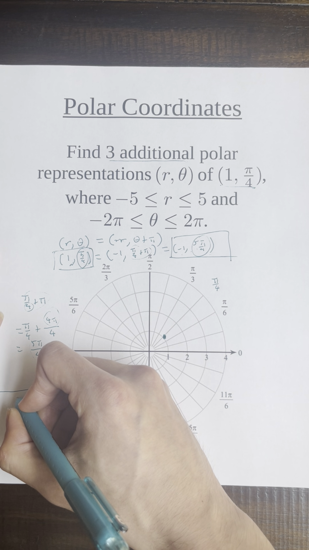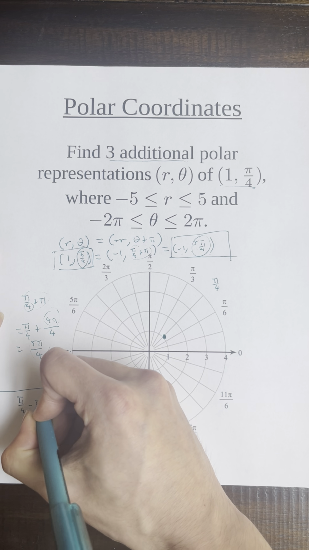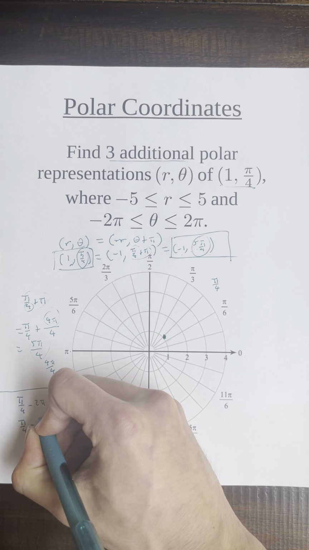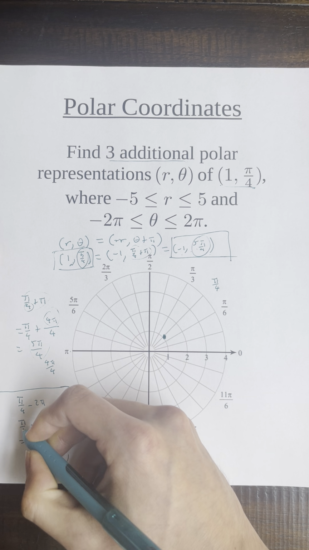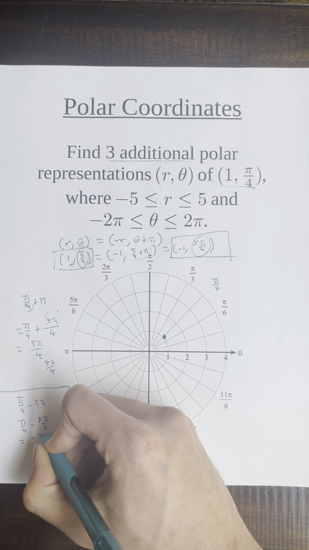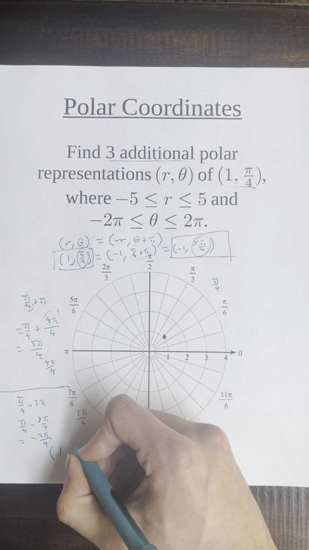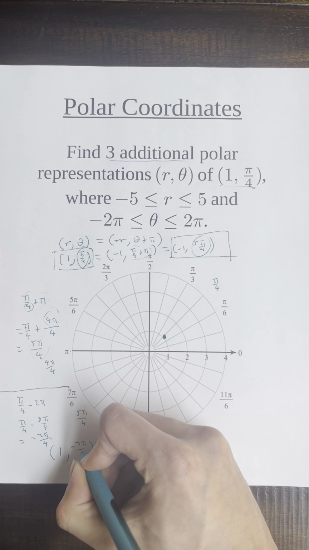Okay, so what's pi over 4 minus 2 pi? We'll get a common denominator again. Okay, 1 pi minus 8 pi, that's negative 7 pi. And the denominator is 4. Okay, so (1, negative 7 pi over 4).